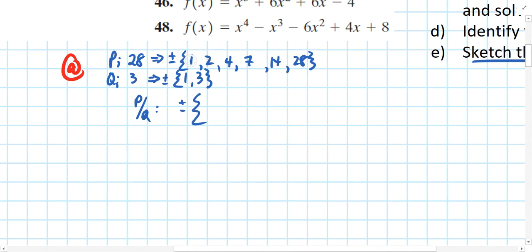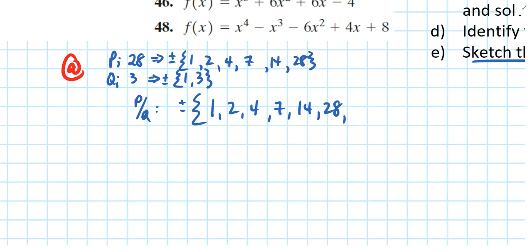And so we know that 1 through 28 from the list of P when divided by the number 1 is just going to repeat itself. So I know positive and negative 1, 2, 4, 7, 14, and 28 are potential zeros, as are each of these numbers divided by 3.